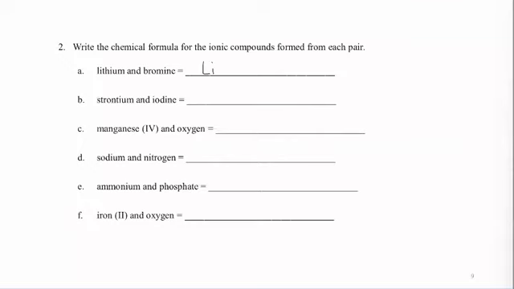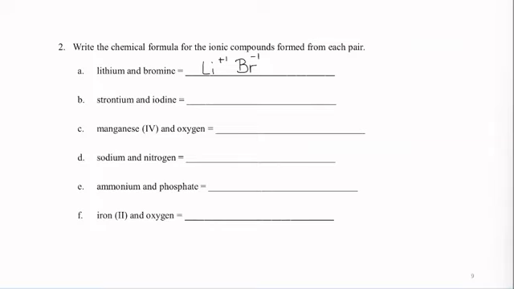Lithium, the symbol is Li. It lives in group 1A, so it has a charge of +1. Bromine lives in group 7A, so its symbol is Br, and because it lives in 7A, its charge is -1.